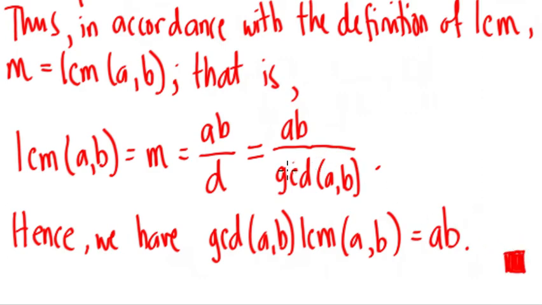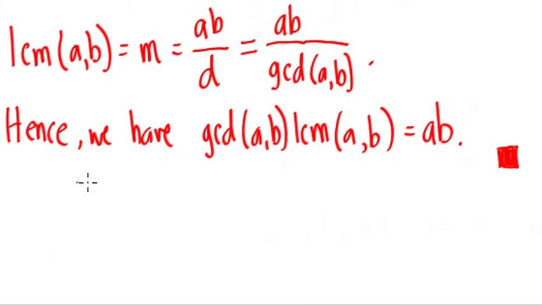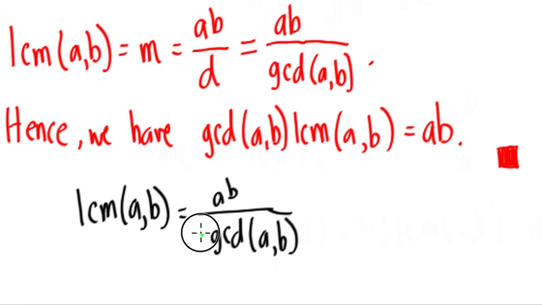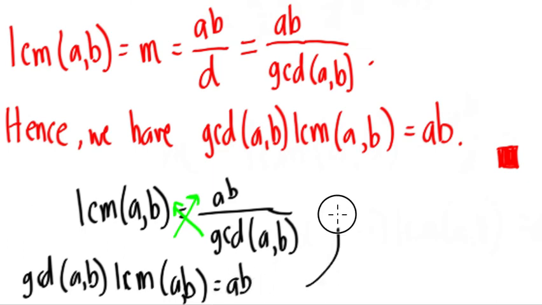What we did was take these specific equations: LCM of A and B equals AB over GCD of A and B. We transpose this by cross multiplication. So what we'll have is the GCD of A and B times the LCM of A and B is equal to A times B, which is the one we want to prove.